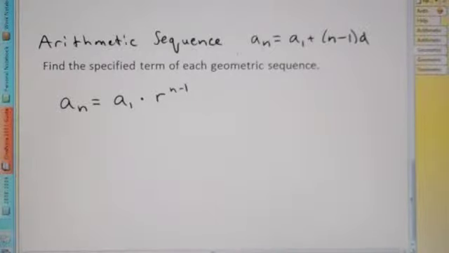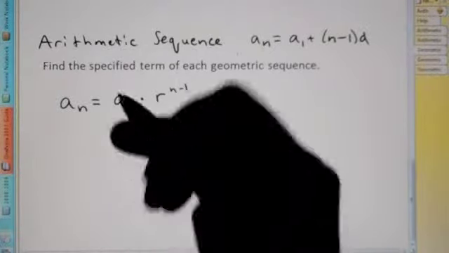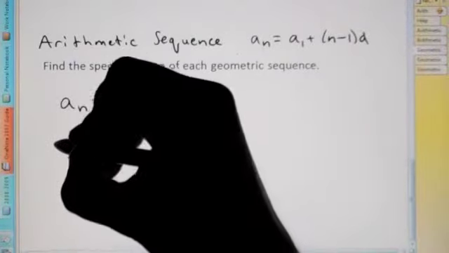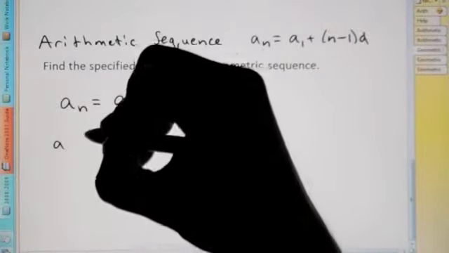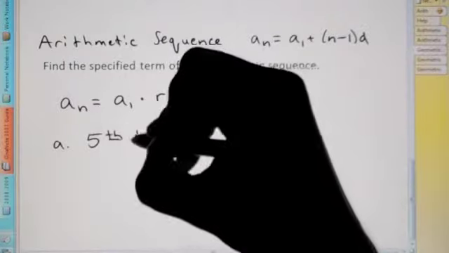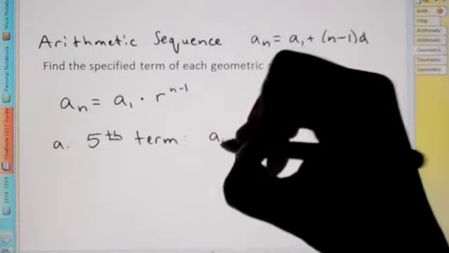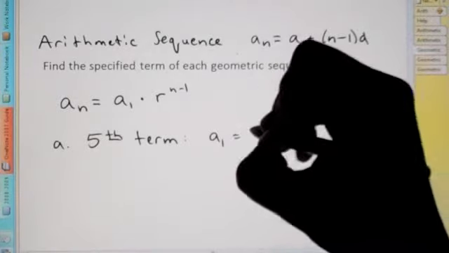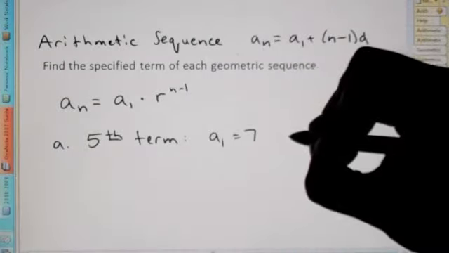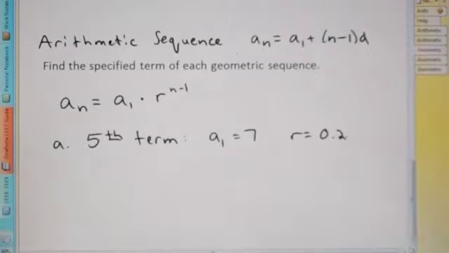Alright, so let's actually, I didn't write down what we need to do. Our first problem, we're trying to find the fifth term of, given this information, a sub 1 is equal to 7 and r is equal to 0.2. Okay, so now we need to find the fifth term.